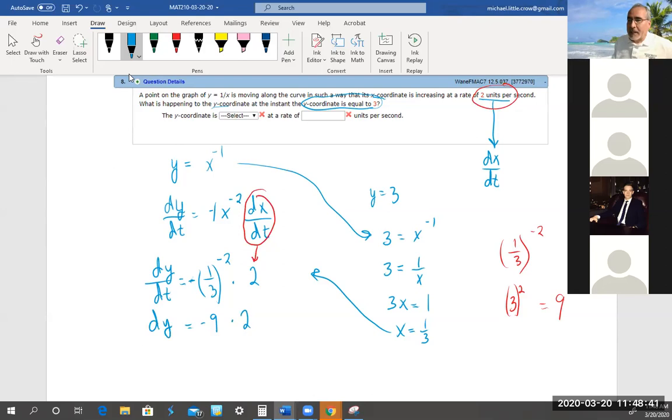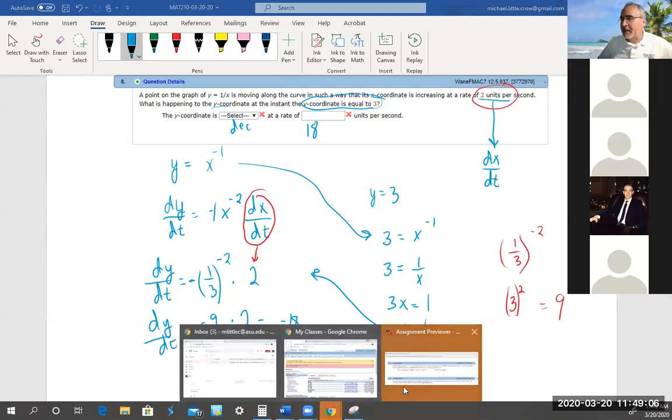That's what dy dt is. So dy dt is negative 18. So our answer is going to be decreasing, because it's negative, at a rate of 18 units per second. We don't put negative 18 here because we say it's decreasing. We just put the 18.